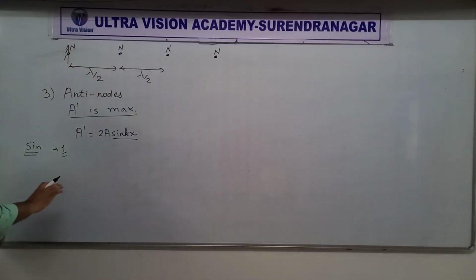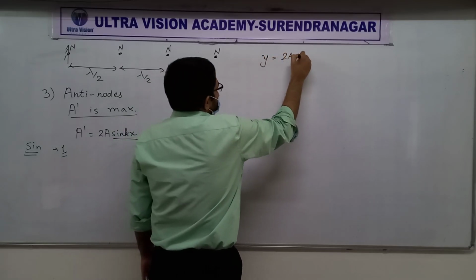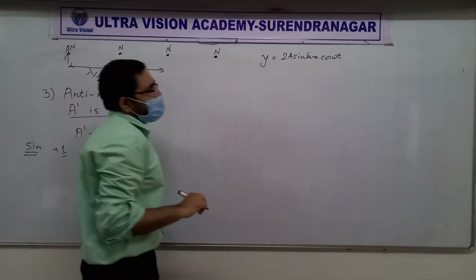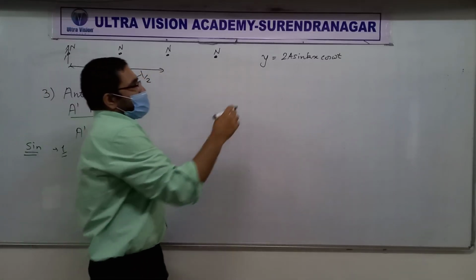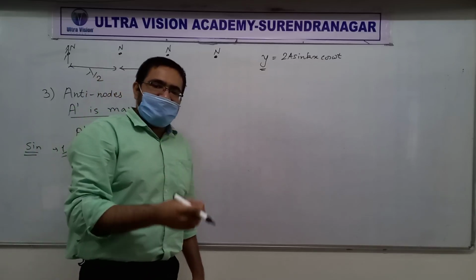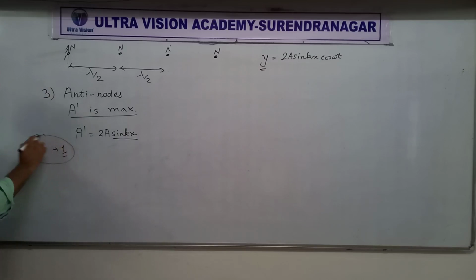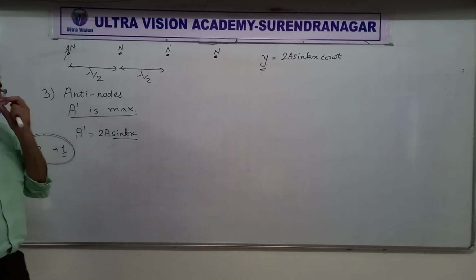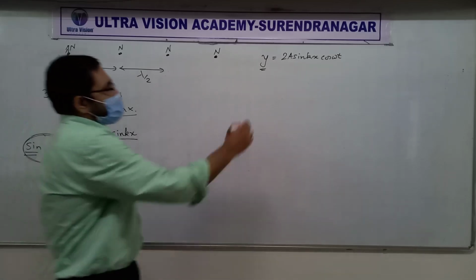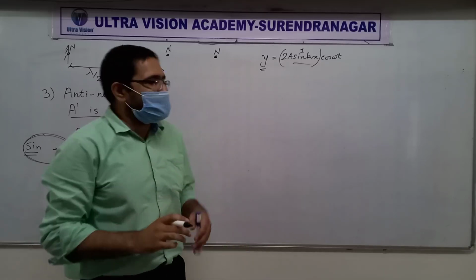Because what that would mean, listen to this carefully: even if the value of sin kx is minus 1, instead of the displacement being in the positive direction, it would be in the negative direction. We know that the maximum value of sine is 1, that is sin 90 degrees, for example. If this is 1, no problem, the amplitude is maximum. But what if it's -1?